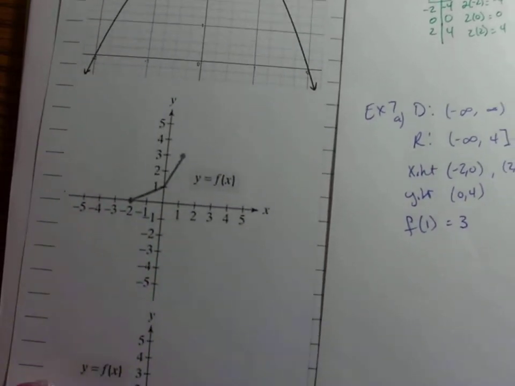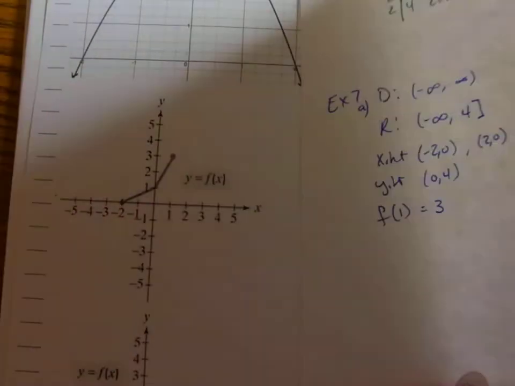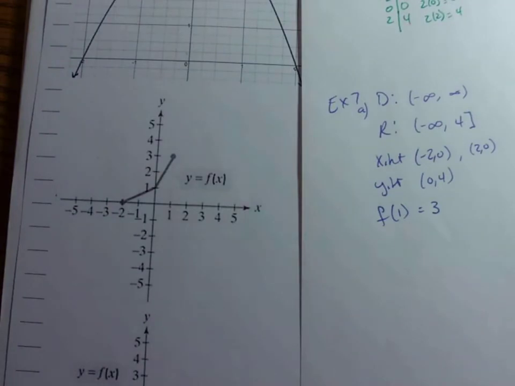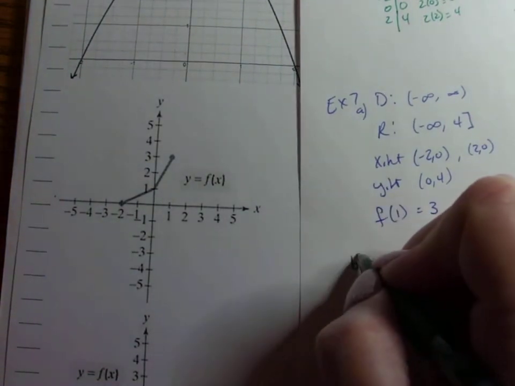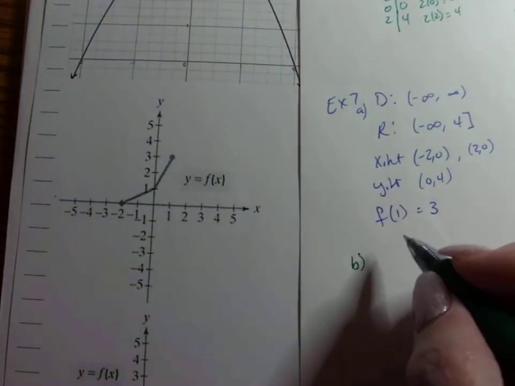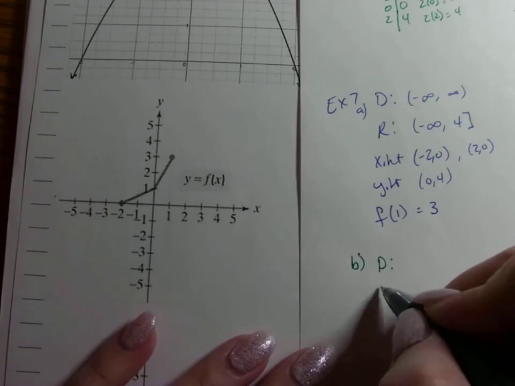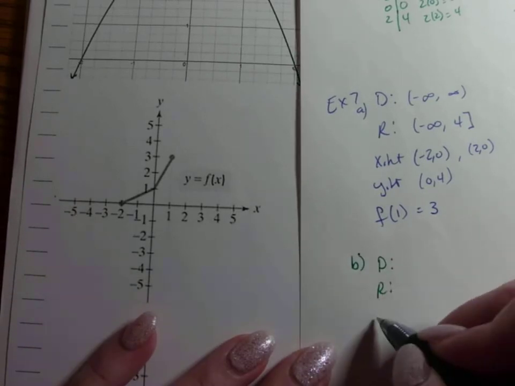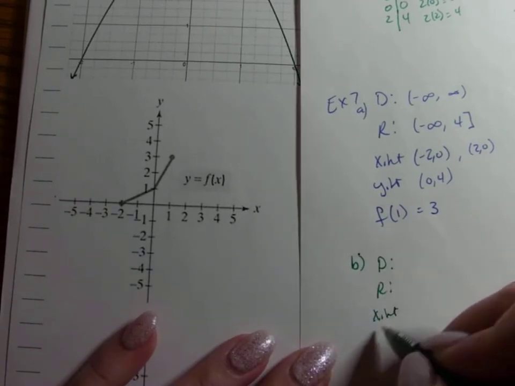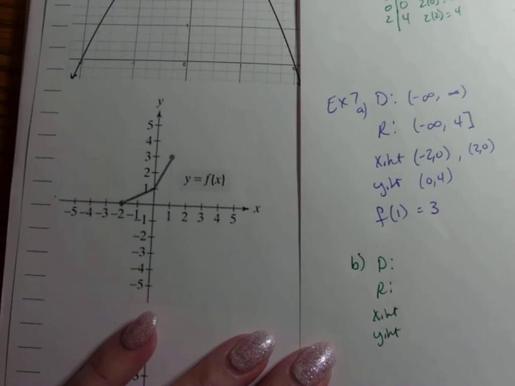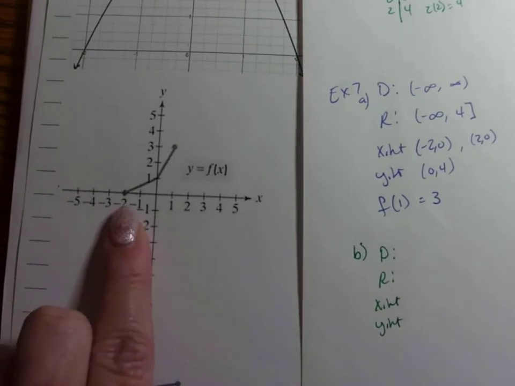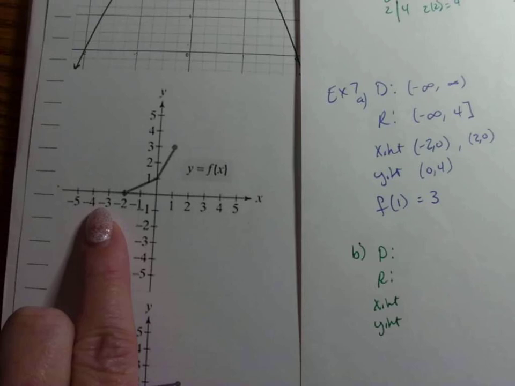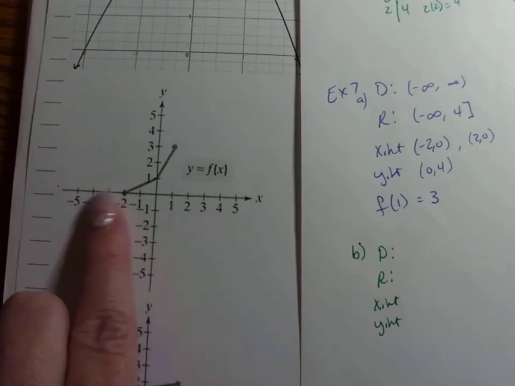All right, let's look at graph B. Let me get my other pen. So B, we're again looking for the domain, the range, the x-intercept, and the y-intercept. Our domain goes from the left side to the right on the x-axis.